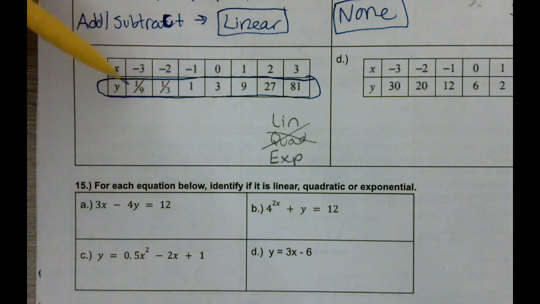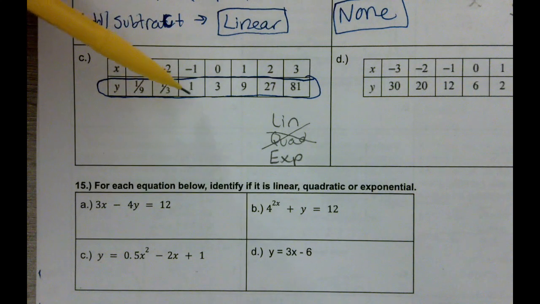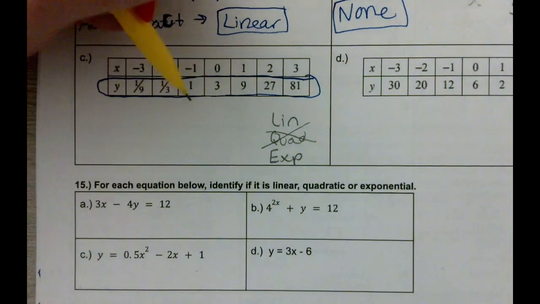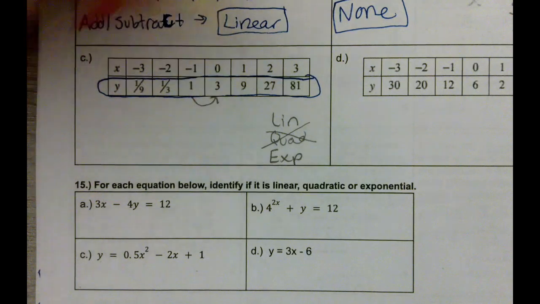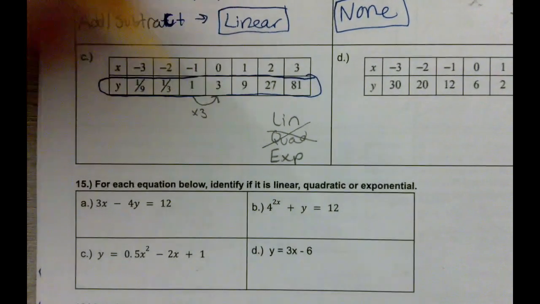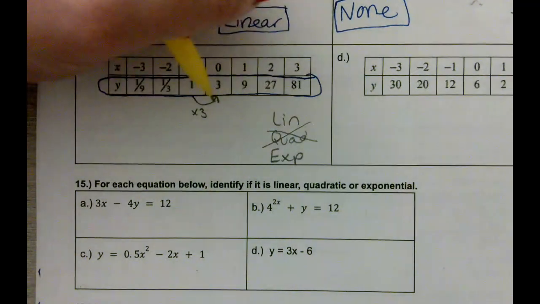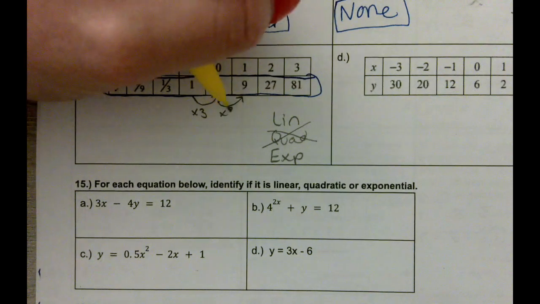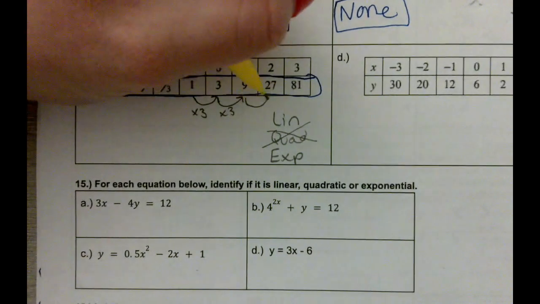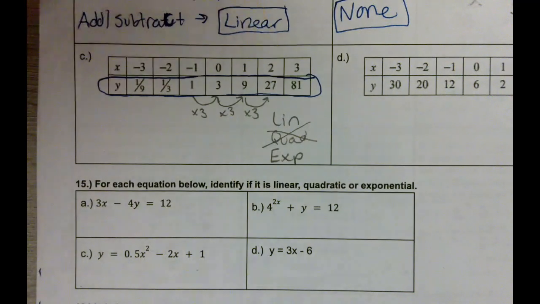Now, if fractions are not your thing, a lot of people feel that way, go to the whole numbers and work with those. So 1 to 3, that's times 3. 1 times 3 is 3. So let's repeat that. 3 times 3 is 9. 9 times 3 is 27.